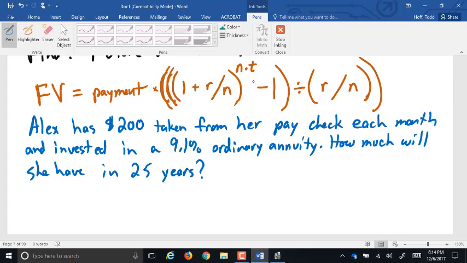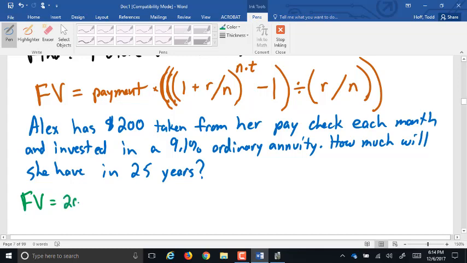Here's her formula. The future value is going to equal her payment, 200, times 1, 2, 3 parentheses, 1 plus what's our rate? 0.091 divided by, it is monthly, so it's 12, to the power of 12 times 25. What is 12 times 25? 300.